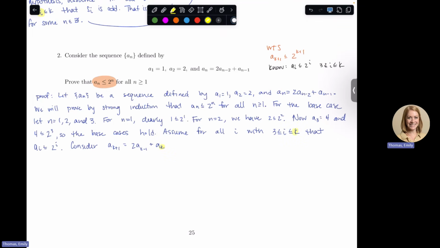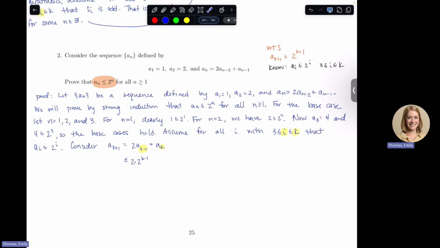What do you know about A sub k minus 1? K minus 1 is the exponent there.